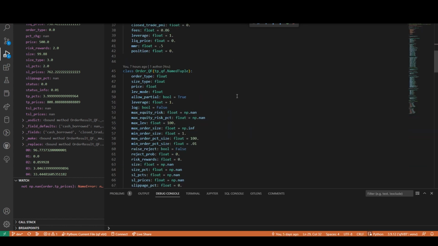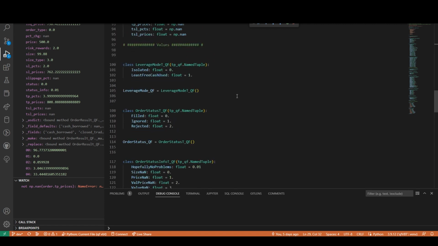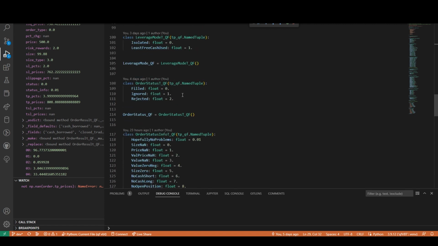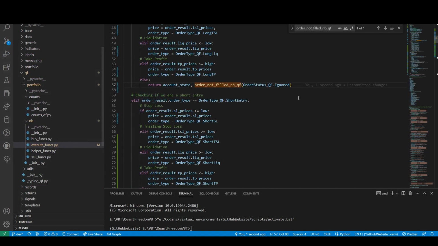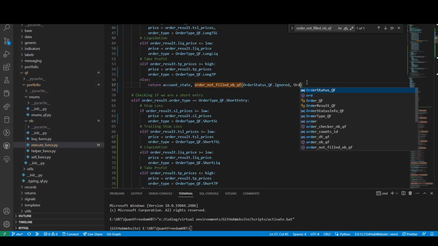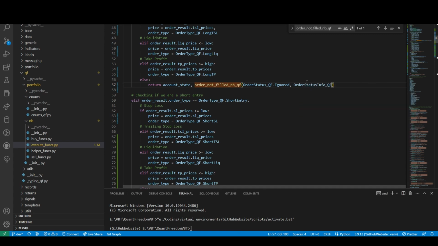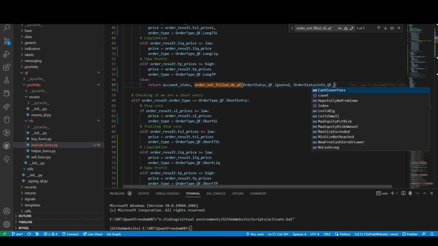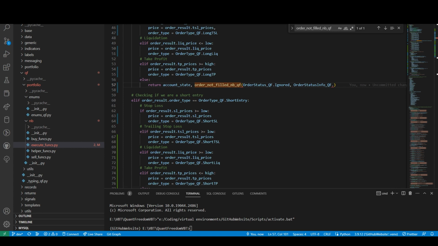And then we just have to do order status. Oh, ignored. So we already have ignored. Order status QF dot ignored. And then the other part we would do is we would say order status info dot... we have to add another one of these things.